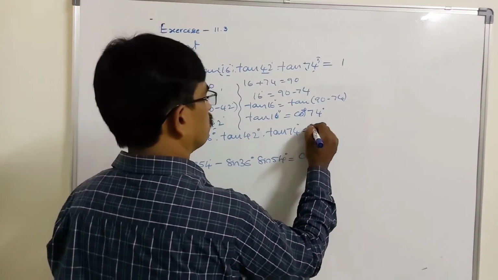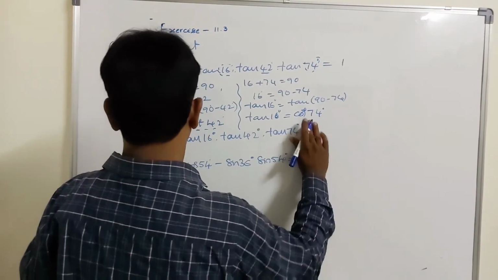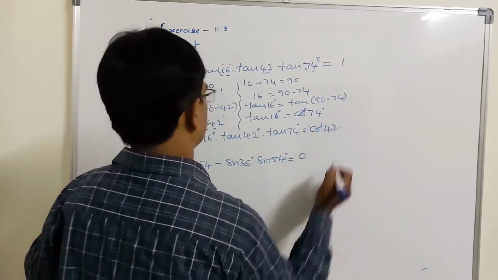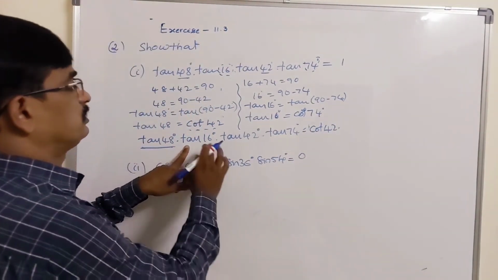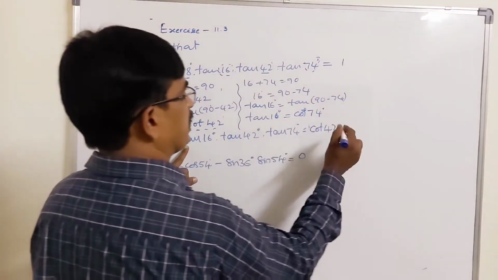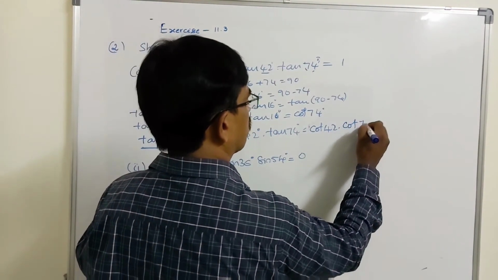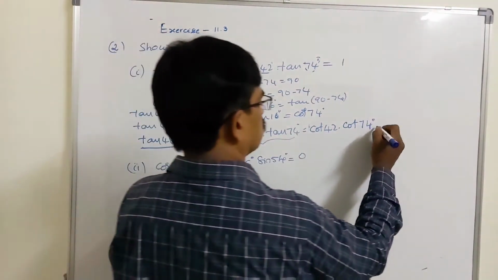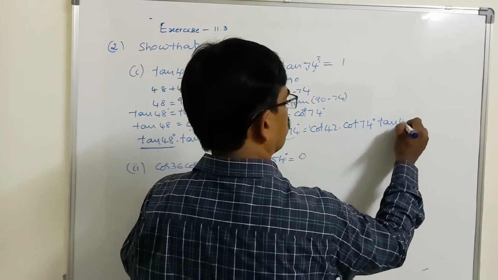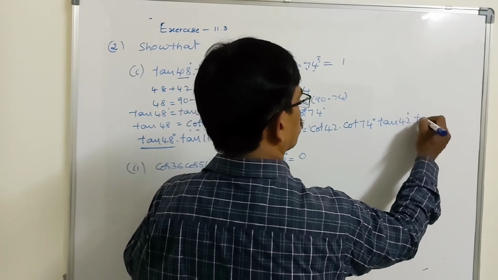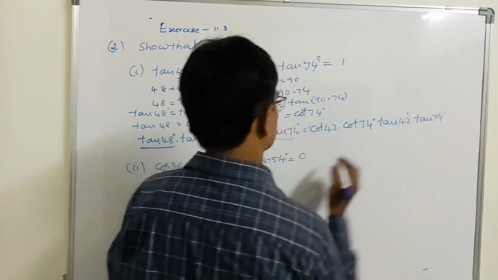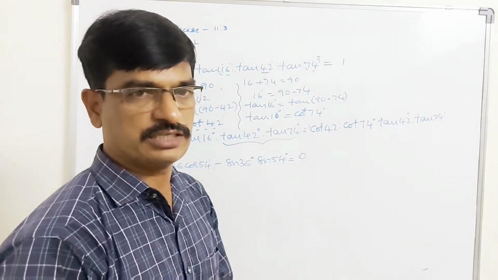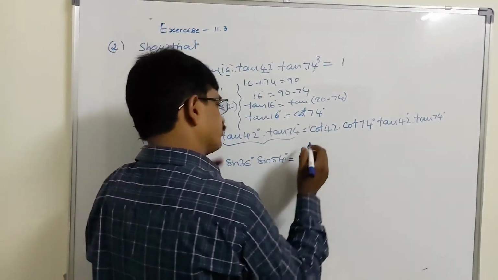Tan 48 is written as cot 42 degrees into tan 16 degrees is written as cot 74 degrees. Then remaining these two are written as it is. Tan 42 degrees into tan 74 degrees. Now cot theta into tan theta is equal to 1 because they are reciprocal to each other. That we know very well.